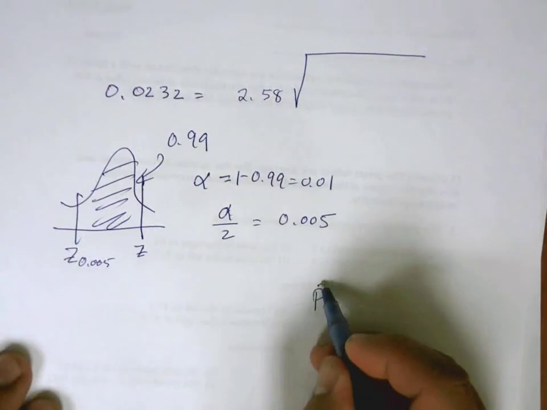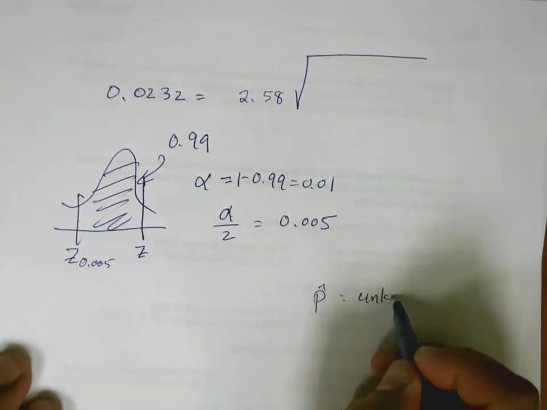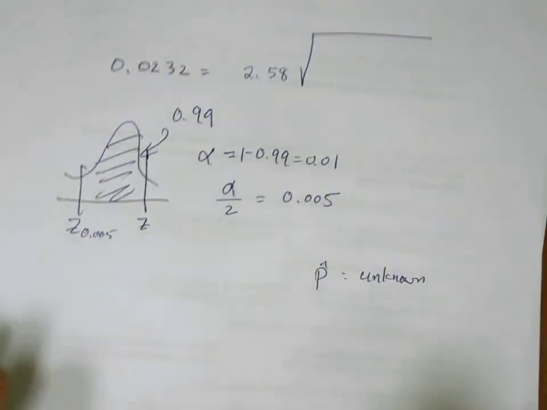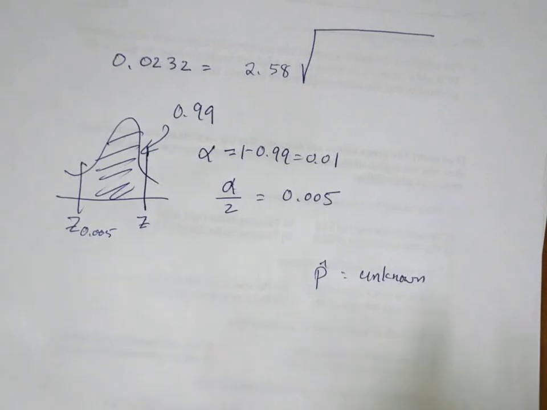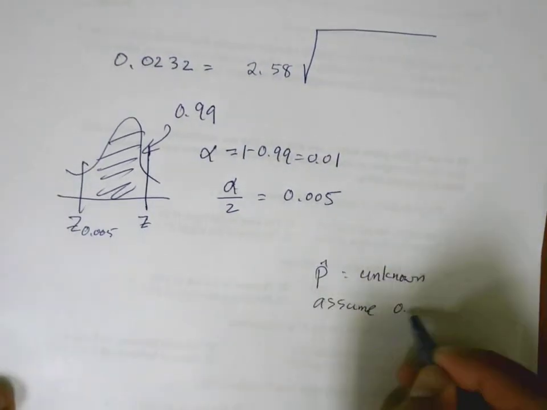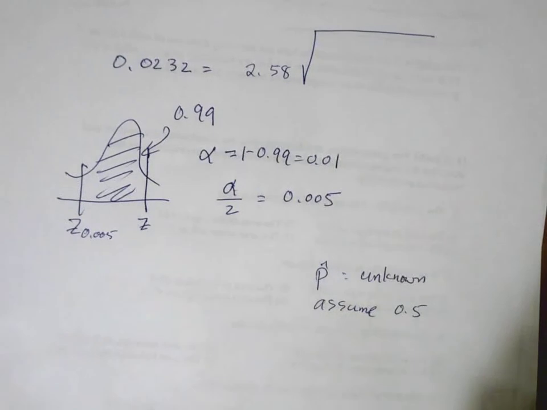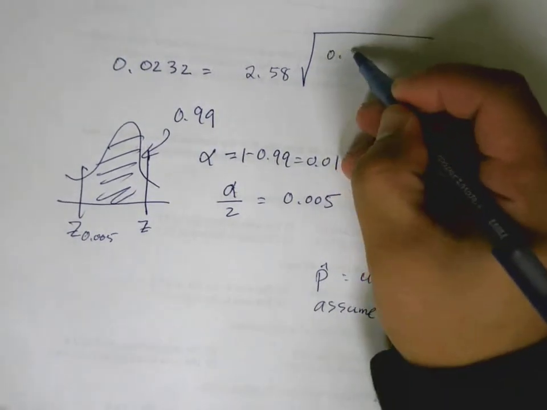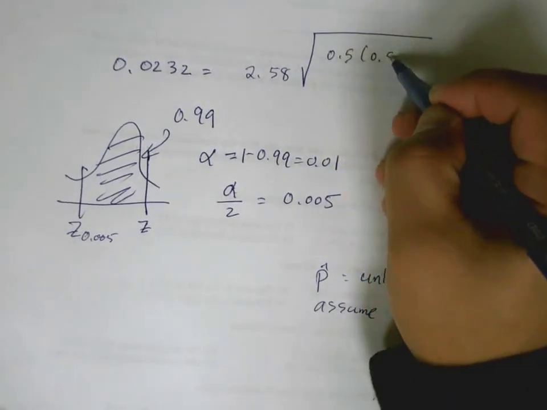Okay, so we're going to do some estimate. If we don't know whether or not something is true, it's either true or it's not, we assume that it's just 50-50. So assume 0.5. Okay, so p-hat is 0.5, q-hat is 0.5, divided by n.